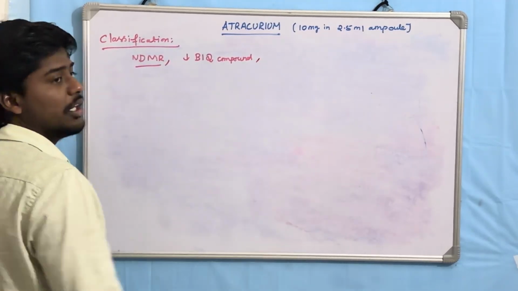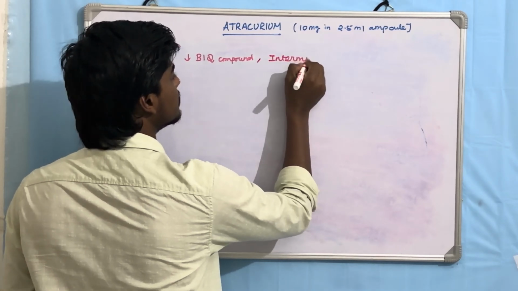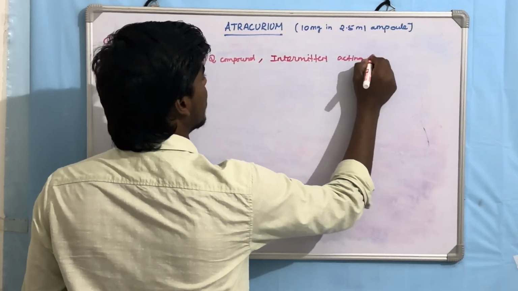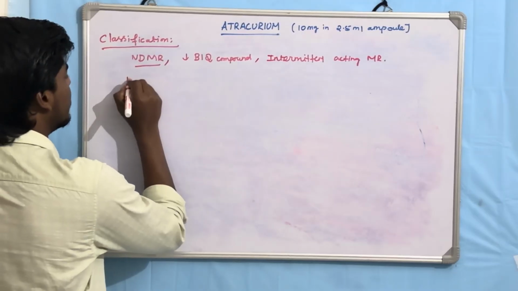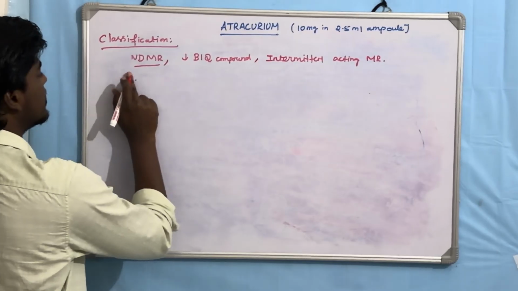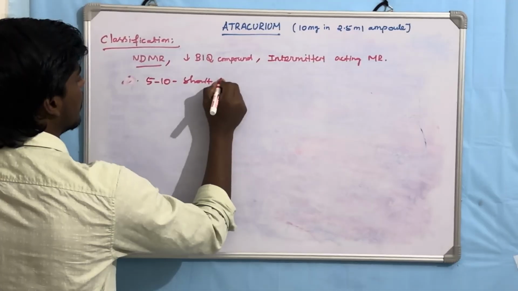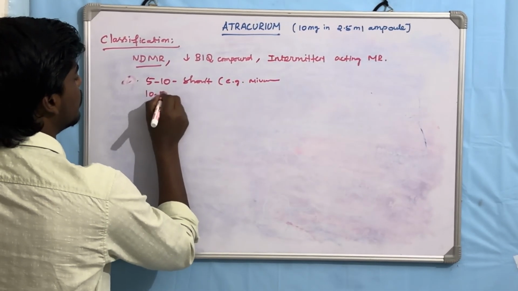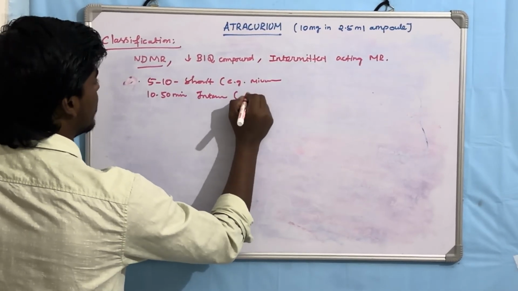And according to the duration of action, it is an intermediate acting muscle relaxant. Muscle relaxants acting 5 to 10 minutes are short duration drugs, for example, Mivacurium. Those acting 10 to 15 minutes are intermediate acting drugs, for example, Atracurium and Vecuronium.